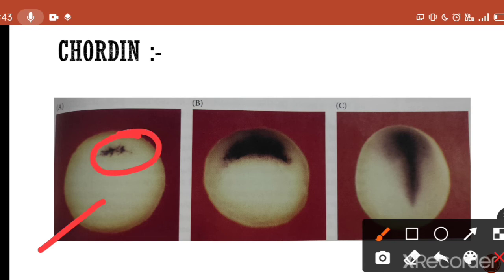This dark area will become the dorsal blastopore lip, and as gastrulation begins, chordin is expressed at the dorsal blastopore lip, and in later stages of gastrulation chordin message is seen in the organizer tissue. So chordin mRNA was found to be localized in the dorsal blastopore lip and later in the notochord.